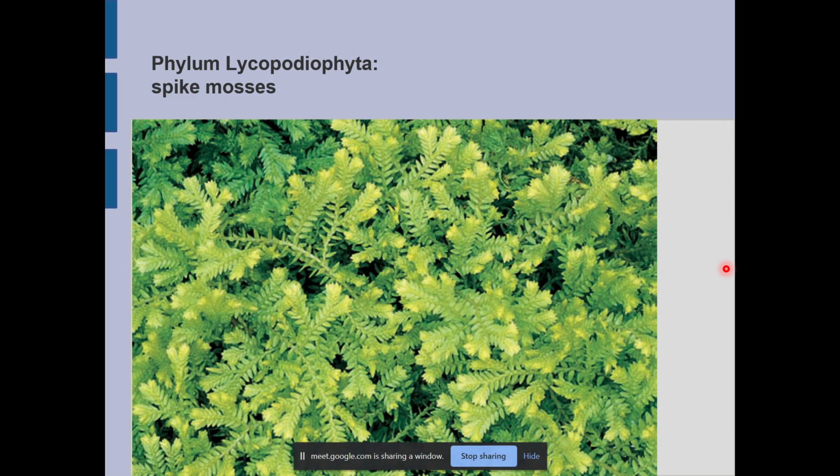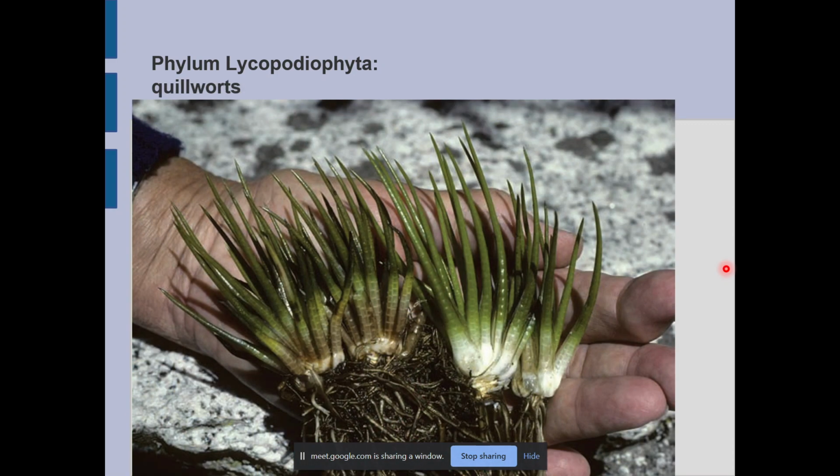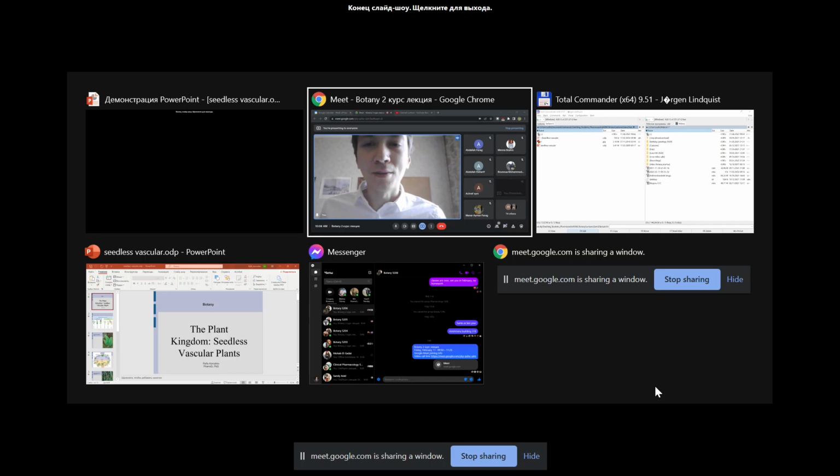And then quillworts are the ugliest, but can still be cultivated to obtain protein. Actually, these are rich in protein.